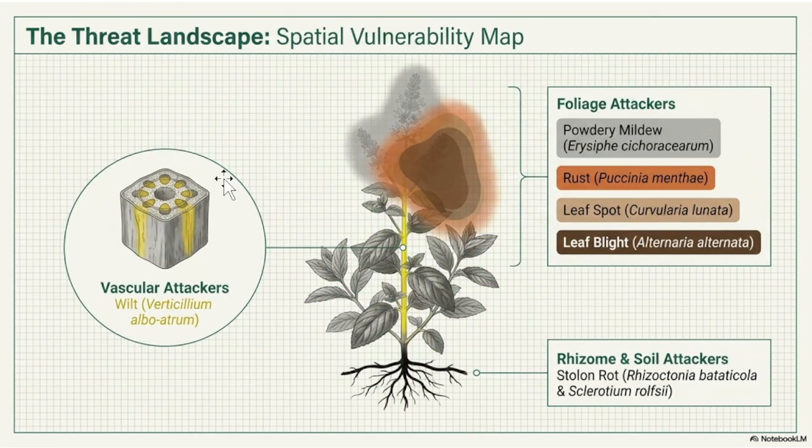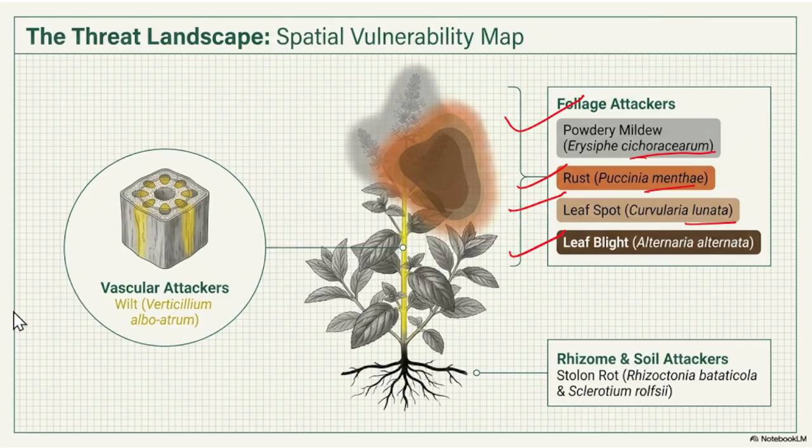So now the various diseases caused in mint. Such as powdery mildew, Erysiphe cichoracearum, then rust is Puccinia menthae, leaf spot Cercospora, and the leaf blight Alternaria alternata.